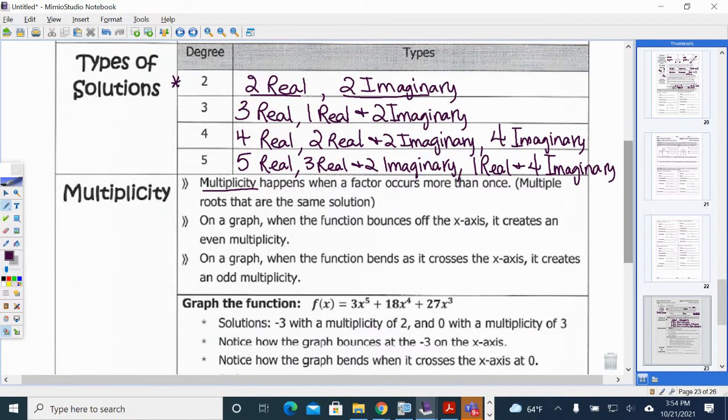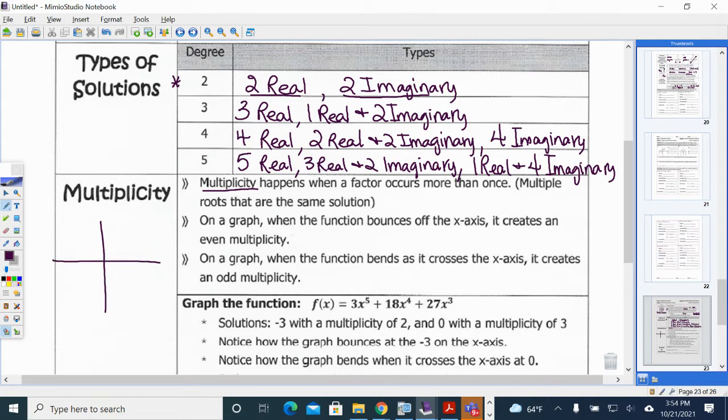The next concept is multiplicity. Multiplicity happens when a factor occurs more than once, multiple roots that are the same solution. So if 2 is a solution multiple times, we would say 2 has a multiplicity of however many times it occurs. On a graph, when the function bounces off the x-axis, it creates an even multiplicity.